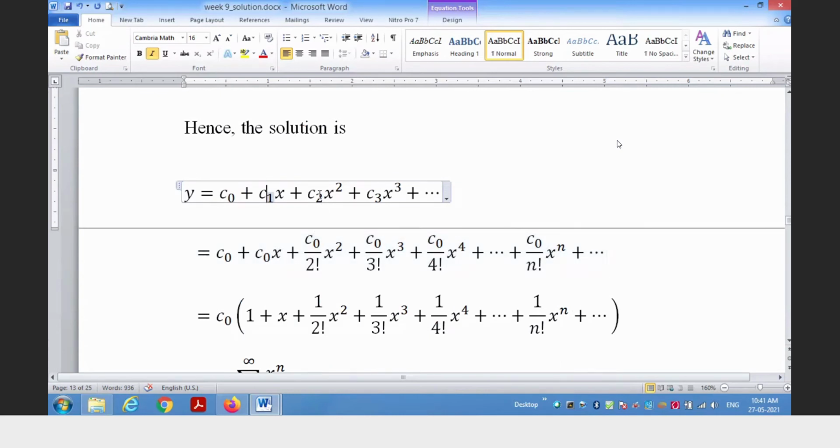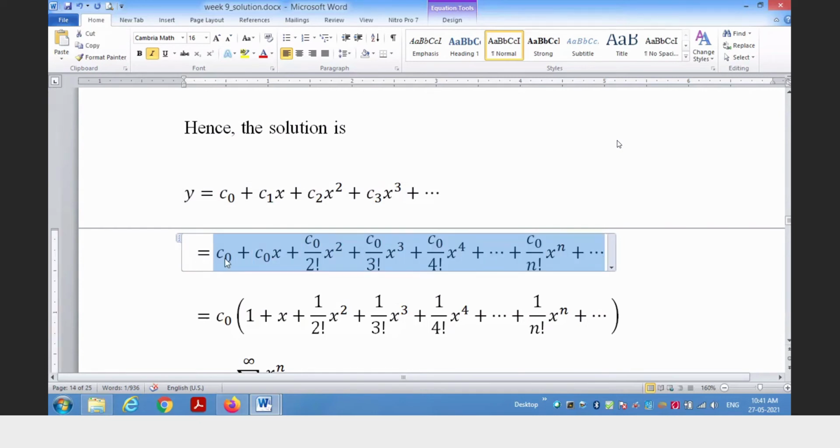C2 you replace with C0 over 2 factorial, C3 with C0 over 3 factorial, C4 with C0 over 4 factorial, up till Cn with C0 over n factorial, x power of n, plus and so on.